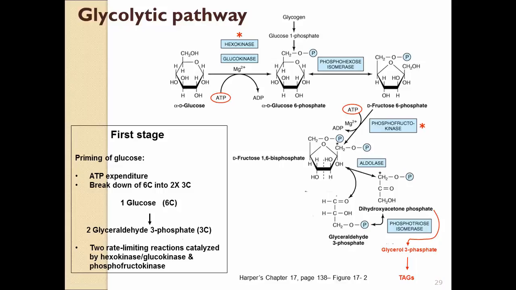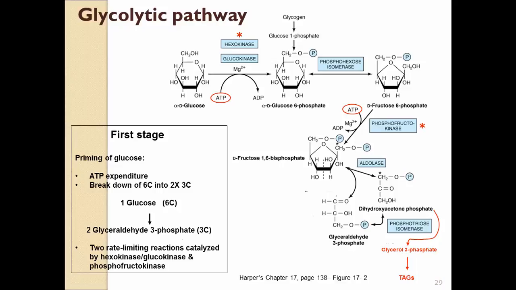And the first stage is the ATP expenditure, ATP consuming stage. That means in the first stage, glycolysis does not produce ATP. Instead, it consumes ATP. So 2 steps actually utilize 1 ATP each. The first step is glucose is phosphorylated to glucose 6-phosphate.